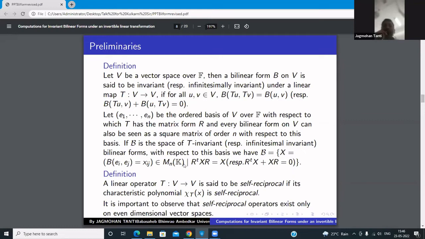If we have a vector space of dimension 2n and T is a cyclic self-reciprocal operator, then the space of T-invariant bilinear forms is of dimension 2n over F.